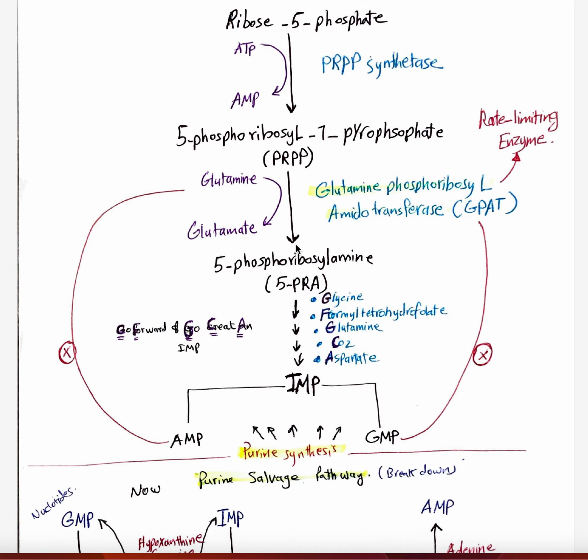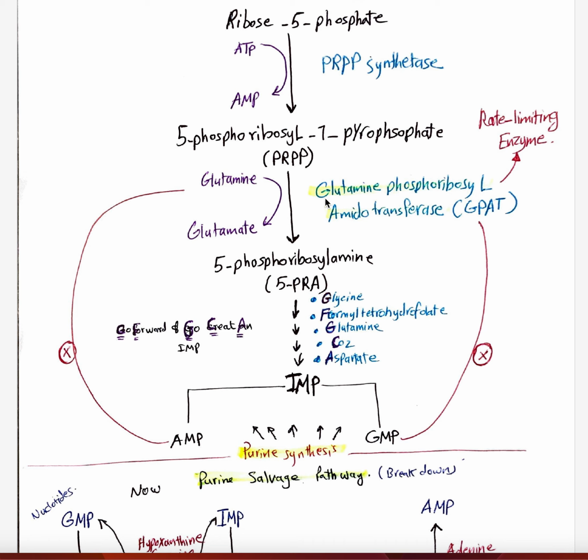And the other reaction is by the glutamine phosphoribosyl aminotransferase enzyme. And we know exactly the glutamine and the glutamate, which are amino acids. The glutamine contains the amide group, the glutamate the carboxylic group, because it's acidic. So we take the amide group from the glutamine and we add it to the phosphoribosyl, and that's why we call it 5-phosphoribosylamine.